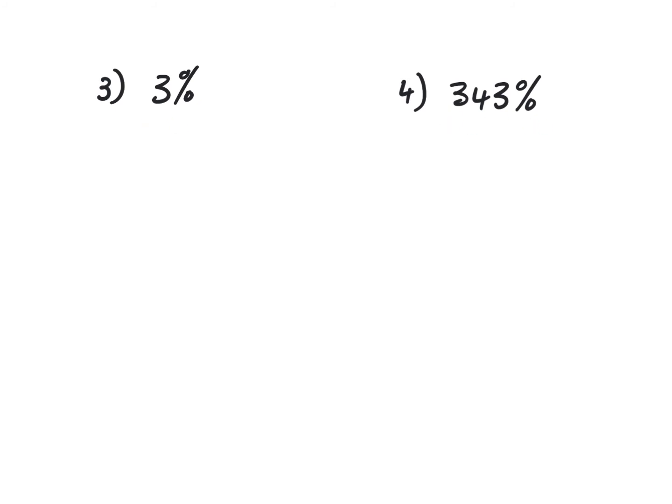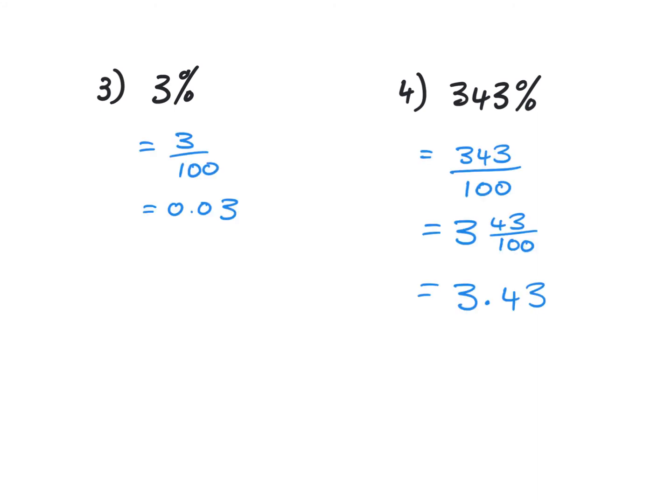Put the video on pause and come back when you're ready. Okay, well, for 3% you should have 0.03 because 3% as a fraction is 3 over 100, and I know that 3 over 100 is in fact 0.03. Alright, so that one you should have got.